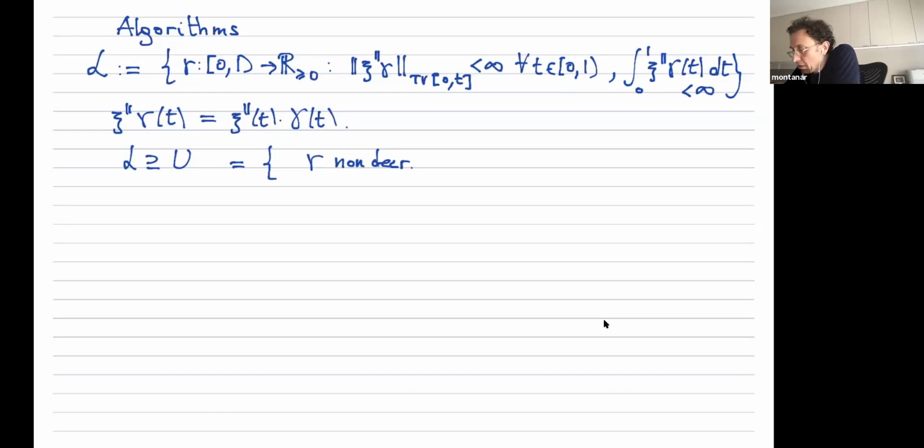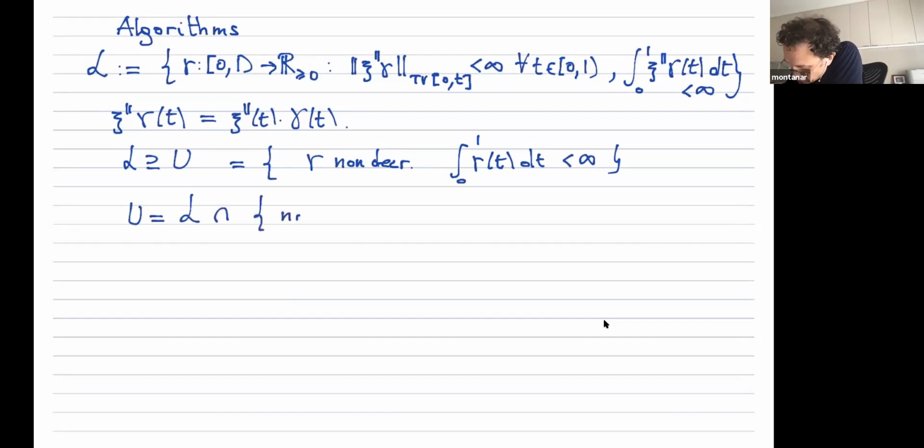And xi second is bounded over the interval 0, 1. Here we had the other condition that the integral of gamma t dt over 0, 1 was finite. Since xi second is bounded below and above, these two conditions are the same: the integral of xi second gamma and the integral of gamma are comparable. Okay, so this is a superset, and what is really changing is that once you add a non-decreasing condition to L, you get U. So U is just L intersected with the non-decreasing functions.